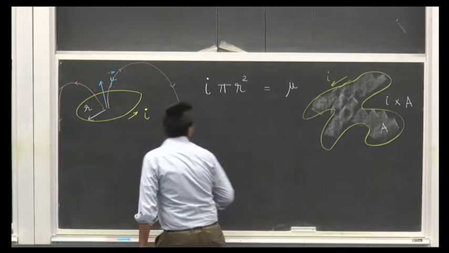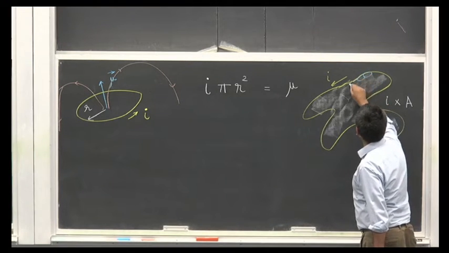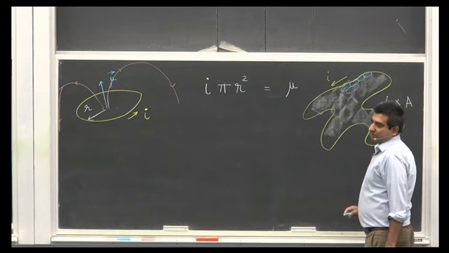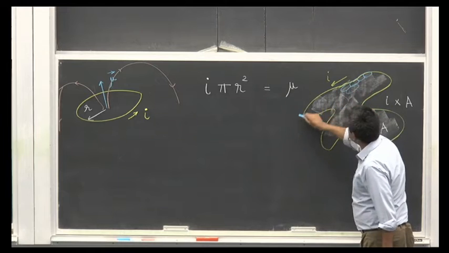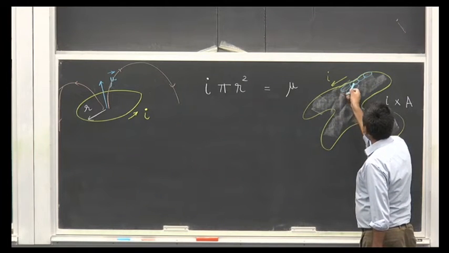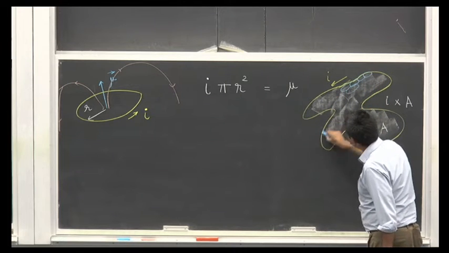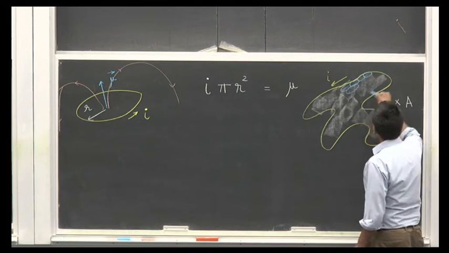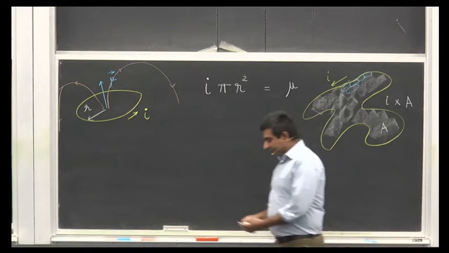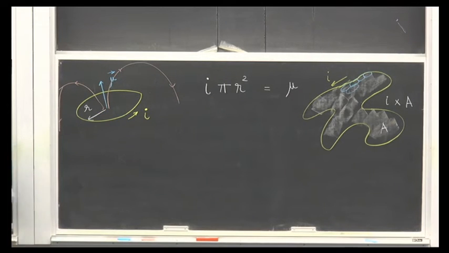Because I can break up this arbitrarily shaped loop into small loops. And it's only at the outer surfaces that the magnetic moments will add up. Here the current is flowing in one direction, here the current is flowing in the other direction. So only the current that is going around this boundary matters. So only the area enclosed by this boundary matters. Alright, so this is my magnetic moment, yes.